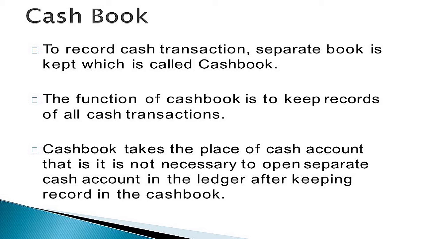Earlier practice is journal entries, then ledger accounts. When we open the cash book, the transactions which are related to cash are posted directly into cash book. Cash book is a journal as well as a ledger. Directly it is treated as a ledger account.